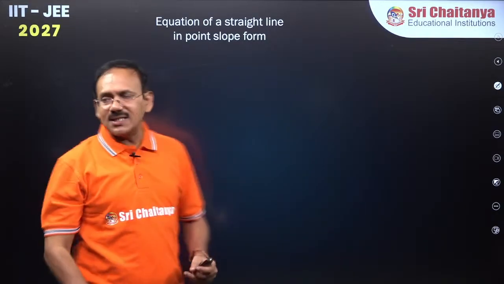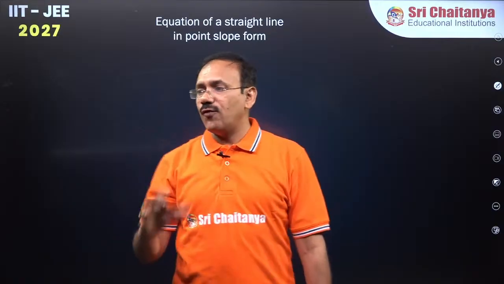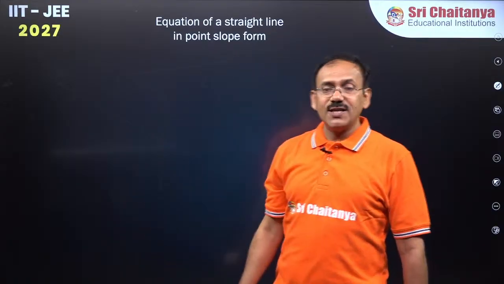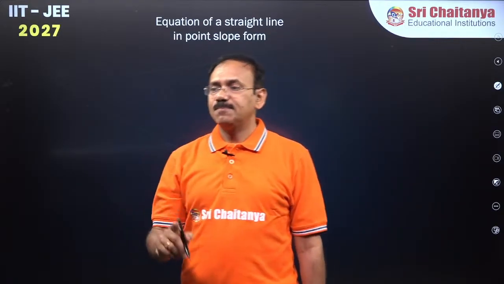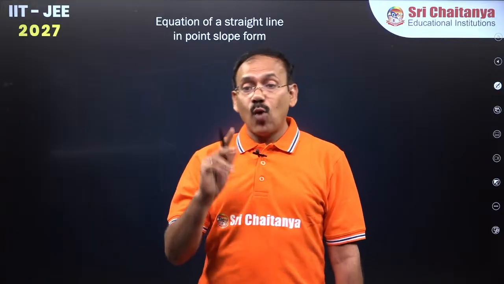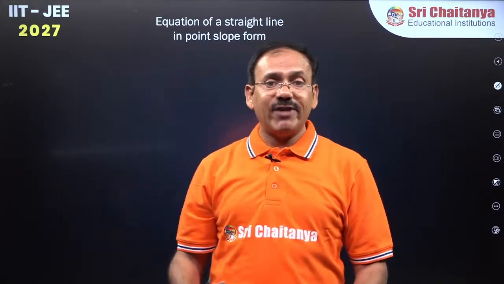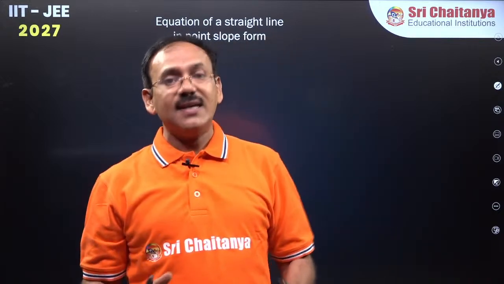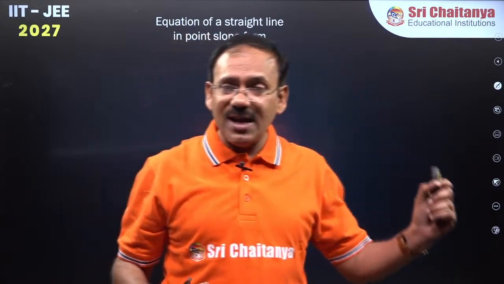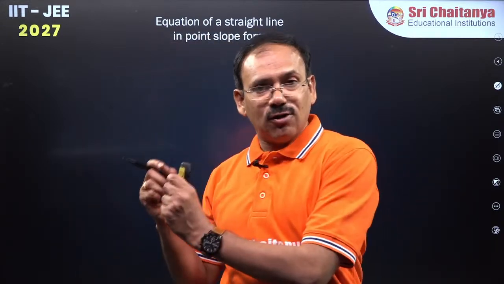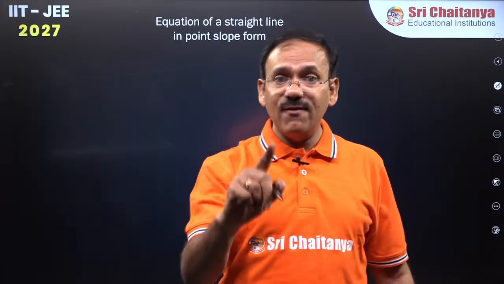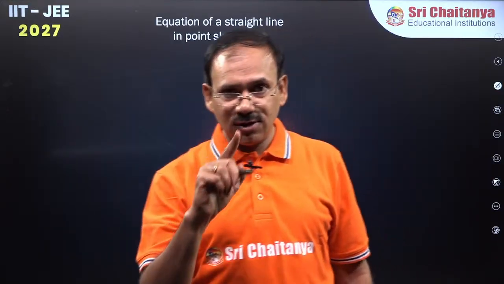So after this content, dear students, so far we've discussed point number 1: first of all, what do you mean by the equation of a line? It is after all a condition satisfied by each and every point of the line. Second, the equation of any horizontal line will be like y is equal to some number, and the equation of any vertical line will be in the form x is equal to some number.